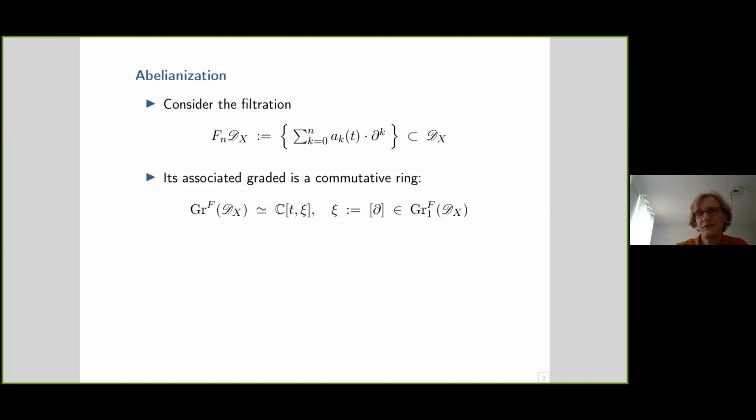And if you take the graded for this filtration, then this non-commutative relation is deleted. So the graded is really a commutative ring, a polynomial ring in two variables, because ∂T − T∂ is the symbol of this commutator, which is a symbol of 1, but considered in degree 1, so it becomes 0.